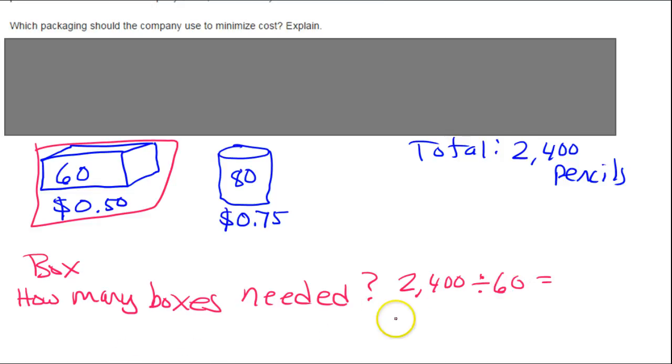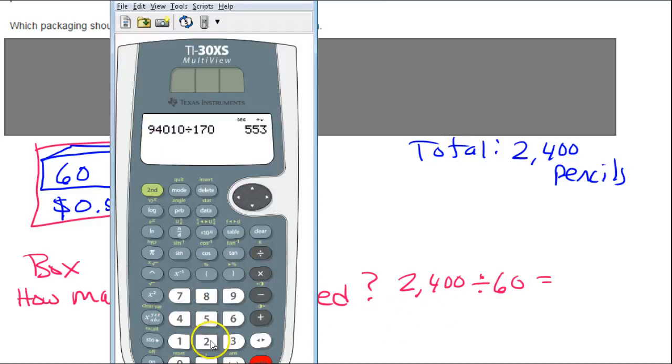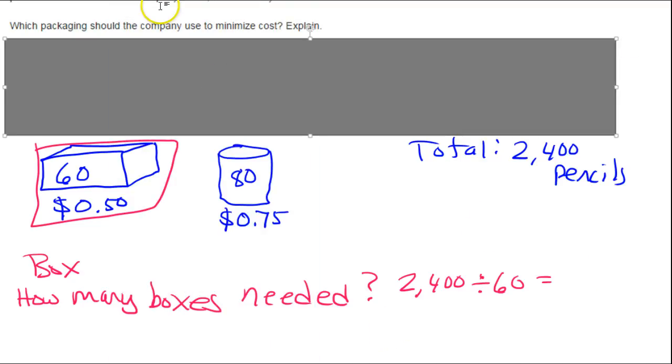So if you do that calculation, 2,400 divided by 60, we would need 40 boxes. Let's see, how much would that cost? Well, each box costs 50 cents, so the cost would be 40 times 50 cents.